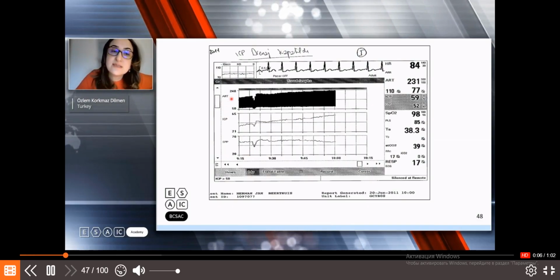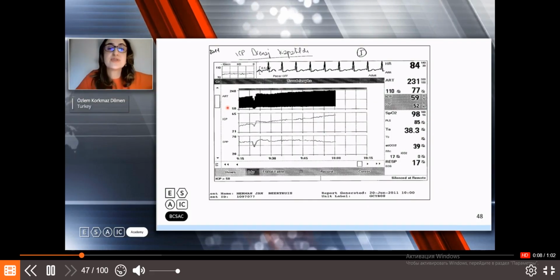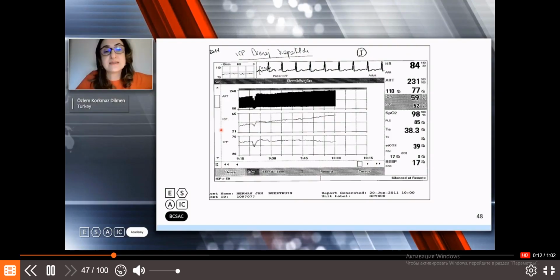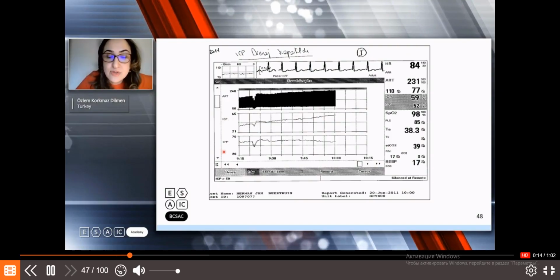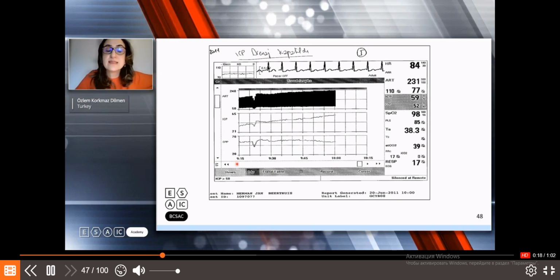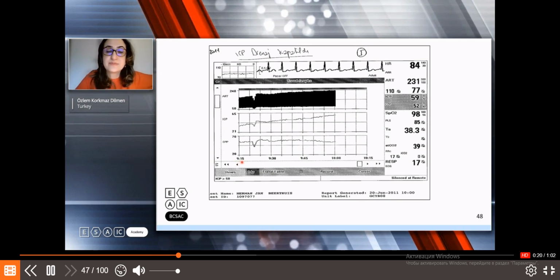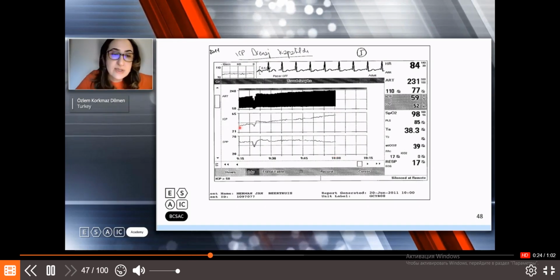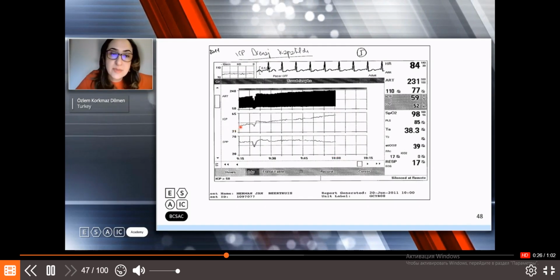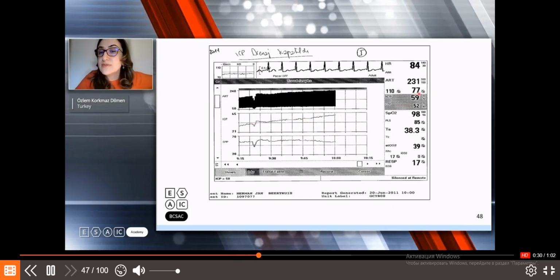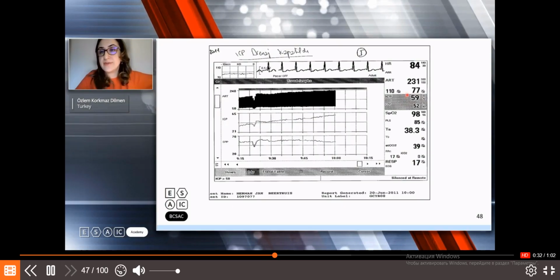The first line shows us the arterial pressure, the second line is intracranial pressure, and the third one is cerebral perfusion pressure. As you see here, between the 9th quarter to 10, that patient's intracranial pressure increased gradually up to 59 millimeter mercury.